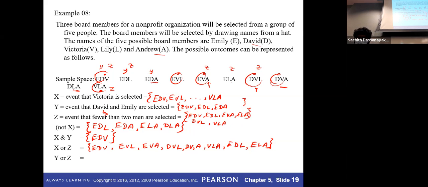Clear? Questions? If you missed any of these, you will get the wrong answer. So please pay attention when you differentiate these events. When you are differentiating these events, please check at least once, after you have written it, whether it is correct or not.